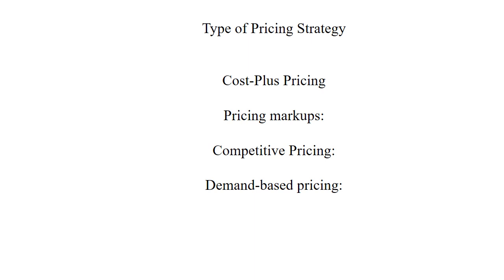Demand-based pricing. A reasonable price for a product or a service depends on supply and demand. The two opposite forces always try to find a balance where the quantity of the goods or services provided corresponds to the demand.